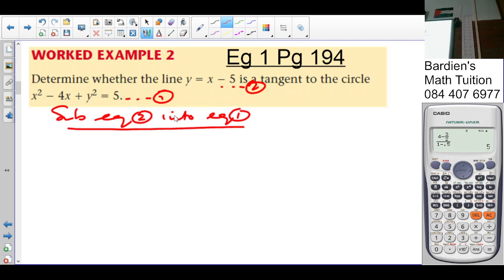If I see a y, I replace it with x minus 5. So carry on, I will get x squared minus 4x plus x minus 5 squared equals, simplify this out for me quickly.